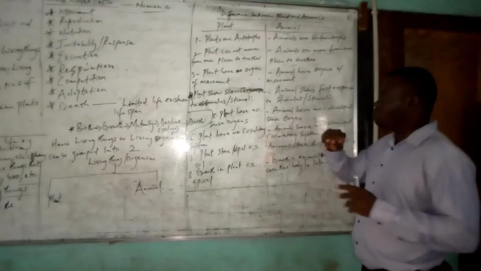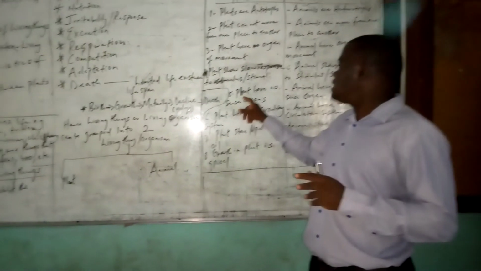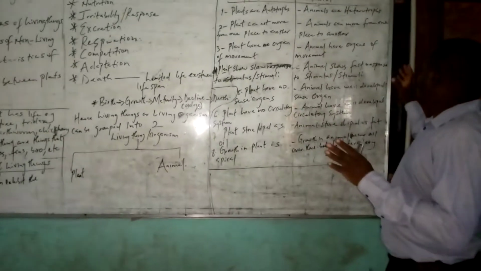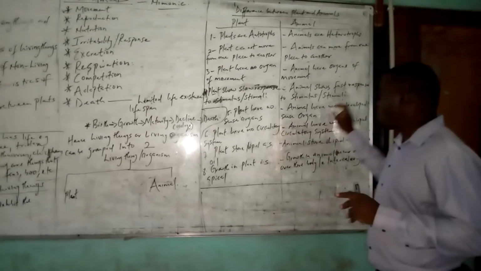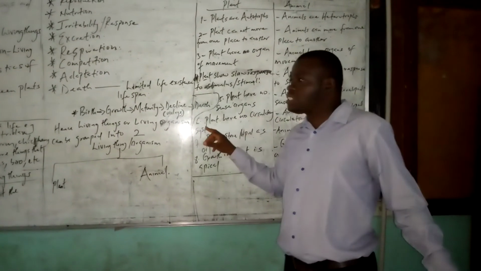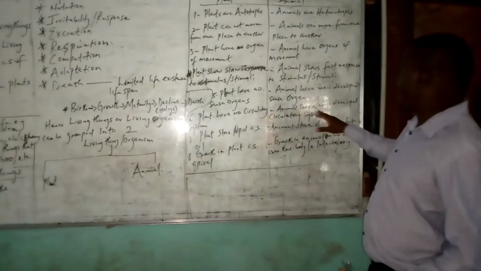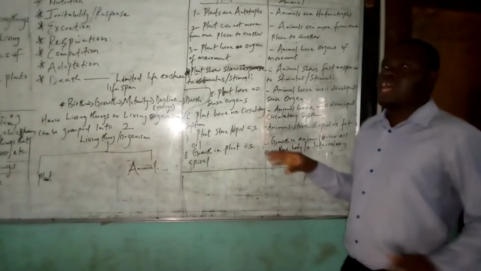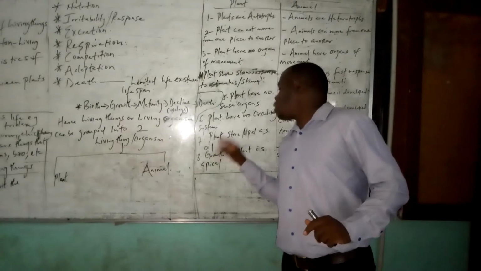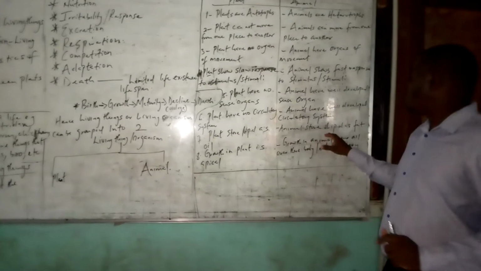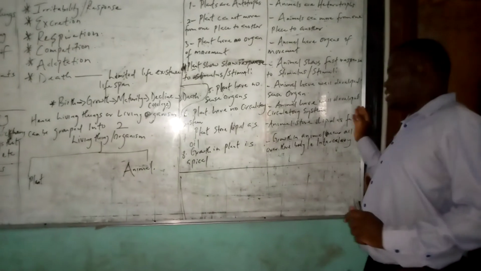Plants have no sense organs, while animals have well-developed sense organs. Plants have no circulatory system, while animals have a well-developed circulatory system. Plants store lipid as oil, while animals store lipid as fats.